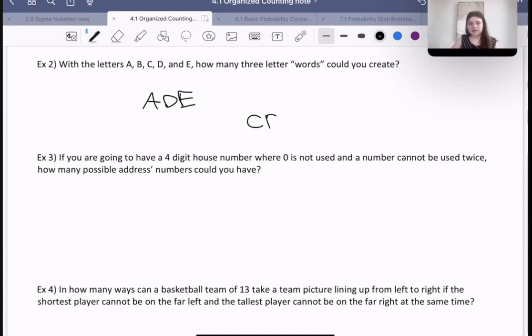Or C, B, E, I could say, oh, that's a real word, even though it's probably not a real word as far as I know. So basically, any combinations of three letters that we could choose, and then also, how many words we could create with that. So let's talk about that.